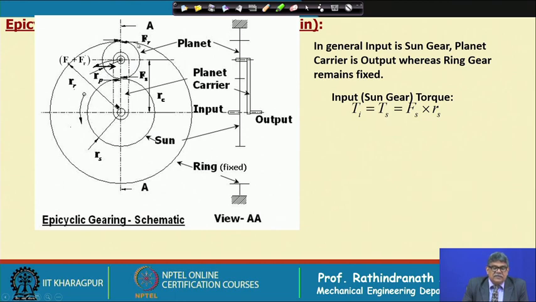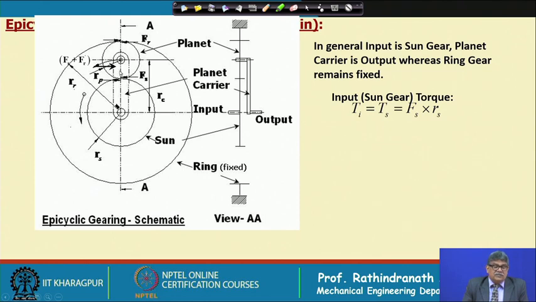Now, this is again meshing with the ring gear here. So, on that definitely it will have the equal force, and what will be the directions? Suppose the sun is rotating in this direction, anti-clockwise. So, this is rotating the planet in this direction, that means force acting on this planet is in this direction, but while it is trying to push this ring gear, the load direction will be the same on this planet.